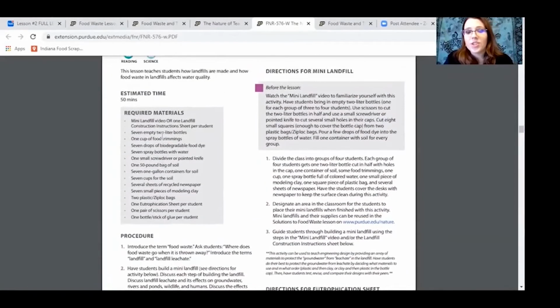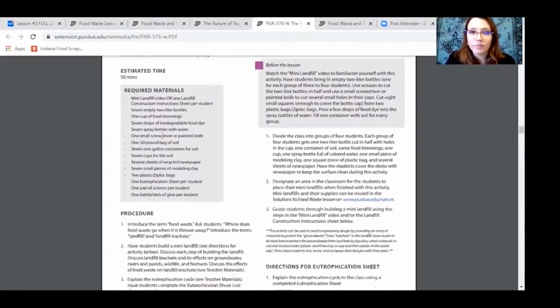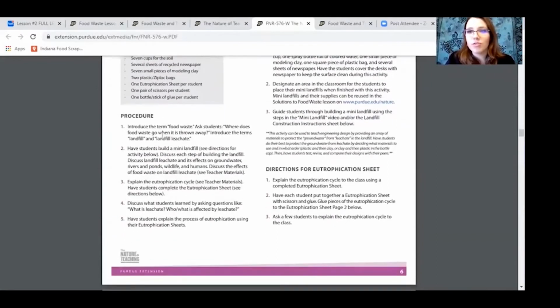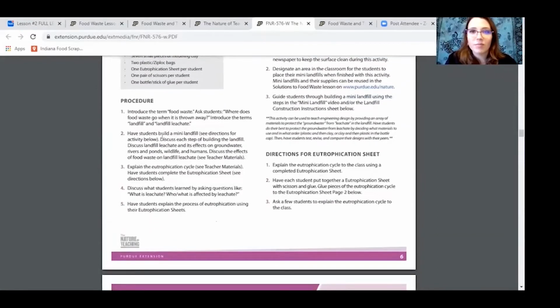We have directions in the procedure for building the mini landfill, and also directions for the eutrophication sheet.